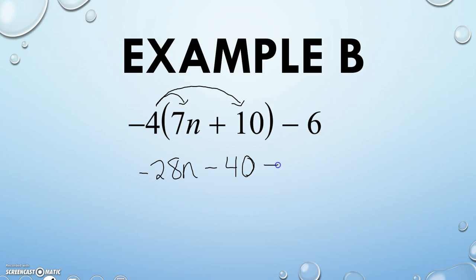So I'm just going to bring that negative 6 down just how it is. Then I'm going to combine my like terms just like you did in your last section. So we have negative 28n, and then negative 40 minus 6 is negative 46. So you only distribute to terms inside the parentheses.